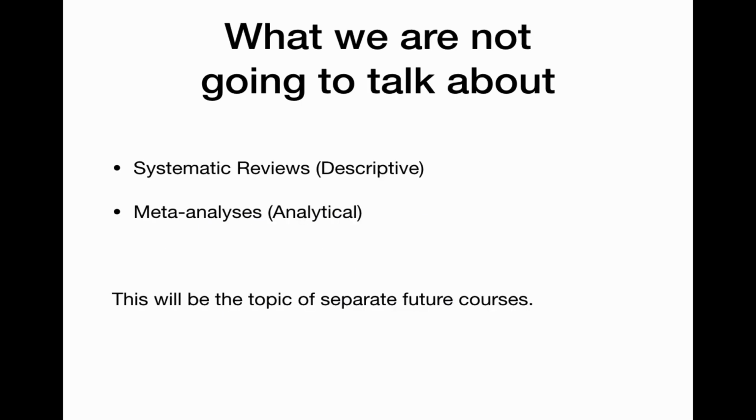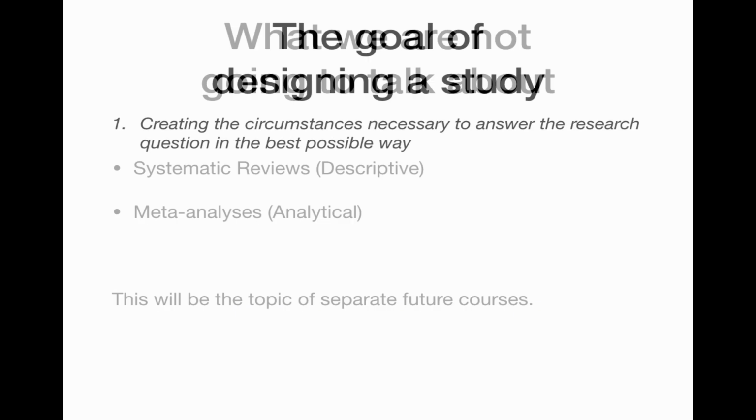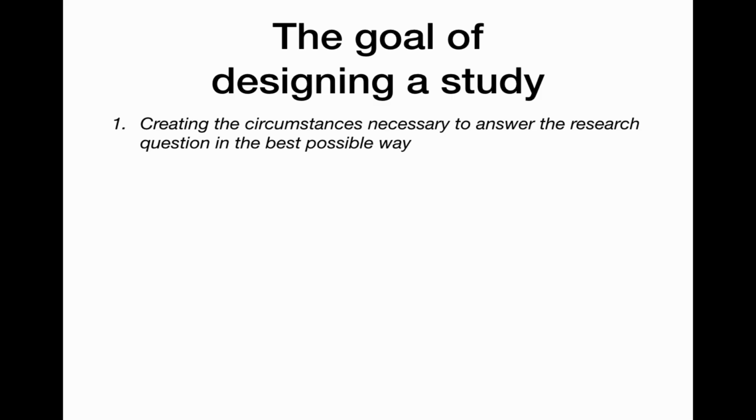What we're not going to talk about is the more meta type of research, including systematic reviews and meta-analyses, since this will be the topic of future courses. So, what is the goal of designing a study?